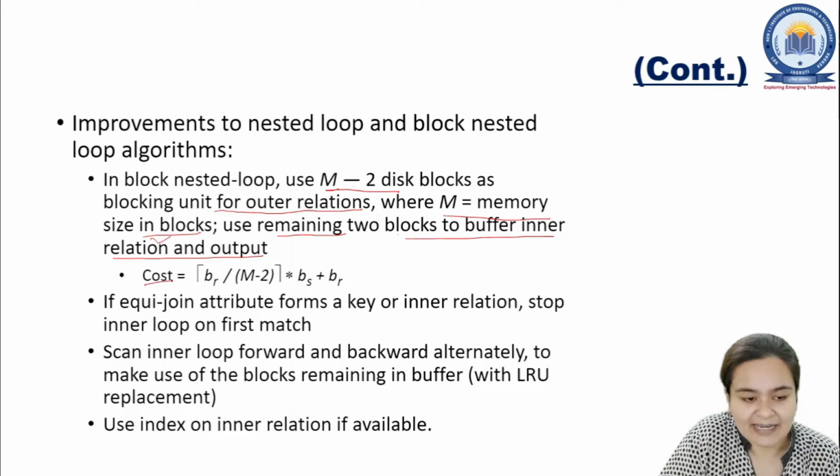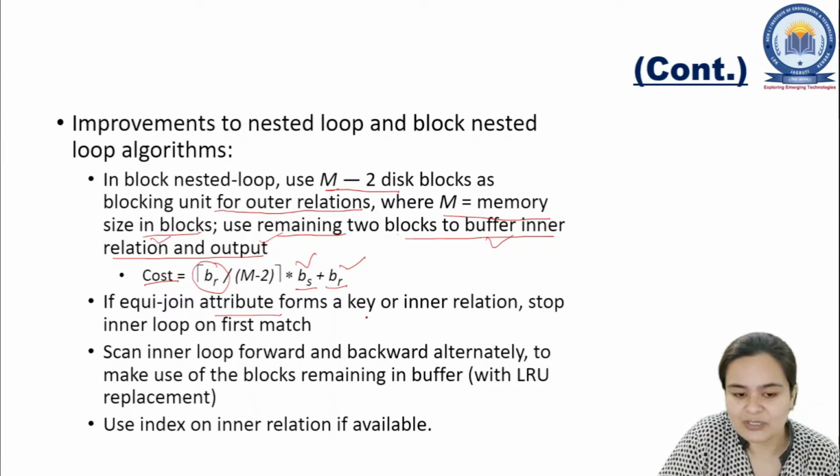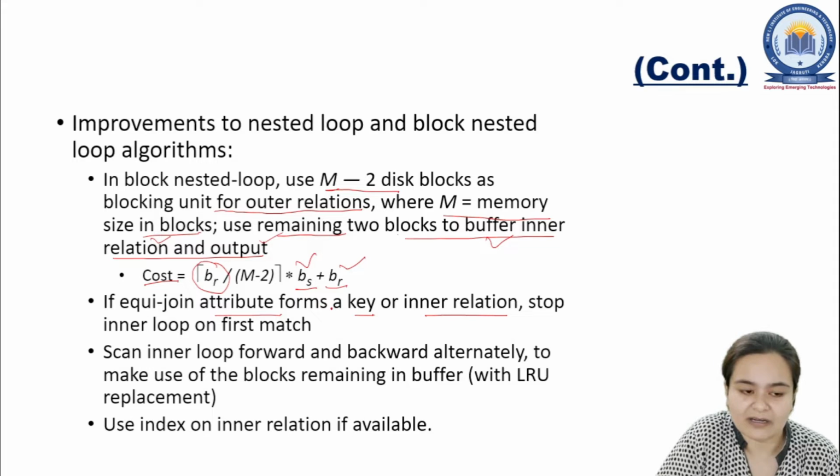So the ultimate cost will be BR / (m-2) * BS + BR. These are the blocks that we have in S and R, and now we have used m-2 blocks for access and we are keeping the remaining 2, one for the inner buffer and the second for output. If the equijoin attributes form a key of the inner relation, then we stop the inner loop at the first match.